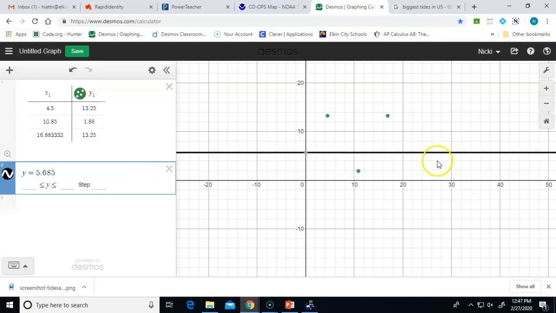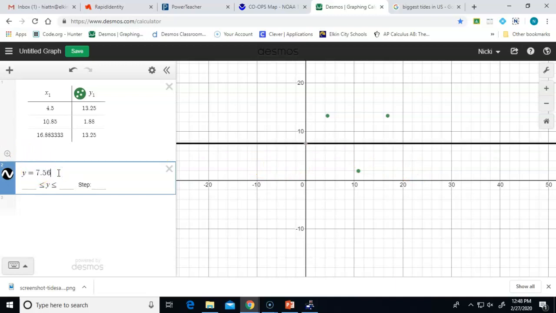Does that look like it's in the middle? No. You're on the right track. If you want to know the number between two numbers, that number's the average. How do you find the average? Add them together and divide by 2. So if you add 13.25 and 1.88 and divide by 2, that gives you 7.565. Does that look better as far as being in the middle? That's probably closer, right? So that'll give you the midline.